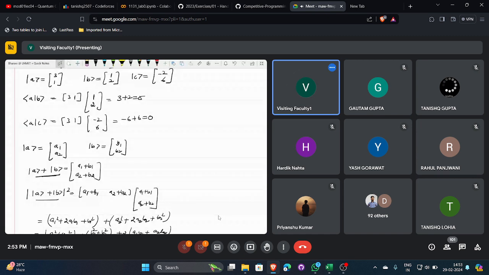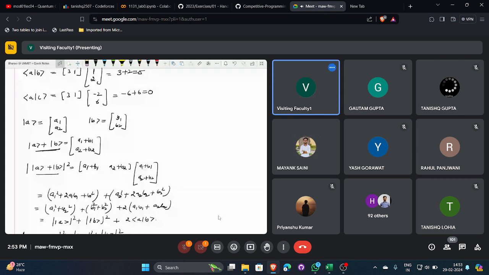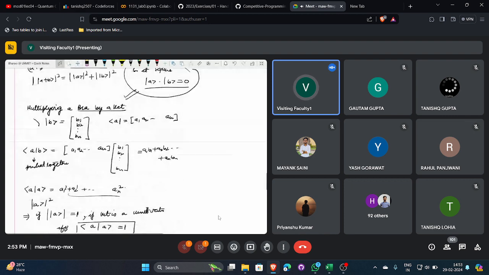Excuse me, ma'am. Ma'am, is it get vector or wet vector? Ket. Ket, K-E-T. Okay, see, ma'am. The ket vector you are representing in the column form, and bra you are representing in the row form.